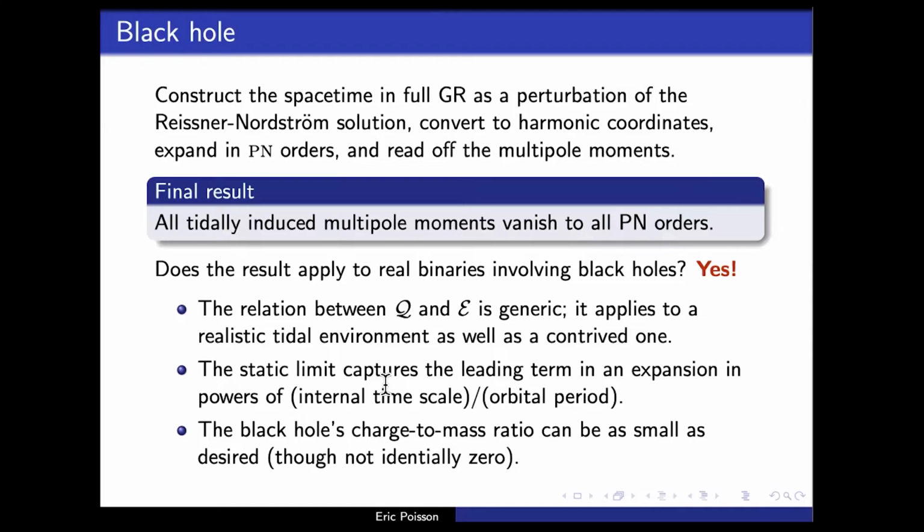Maybe you're upset that I went back to a strictly static limit instead of just arguing that it's a succession of static configurations in a slow-tide type expansion, but I'm not bothered with this because the static limit in all calculations that were done previously really captures the leading term in an expansion that you might carry out in this ratio here, which is assumed to be small, internal time scale divided by orbital period. So I work strictly in the static limit, but I claim that if I could do the dynamical calculation, when this ratio is small, the static result would capture that.